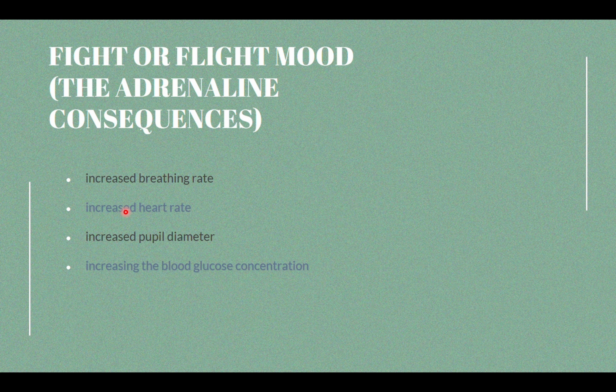I'll talk about the details later in the video. So you need to know that fight or flight mode causes an increase in the breathing rate, an increase in the heart rate, your pupil diameter would increase, and your blood glucose concentration will increase as well.